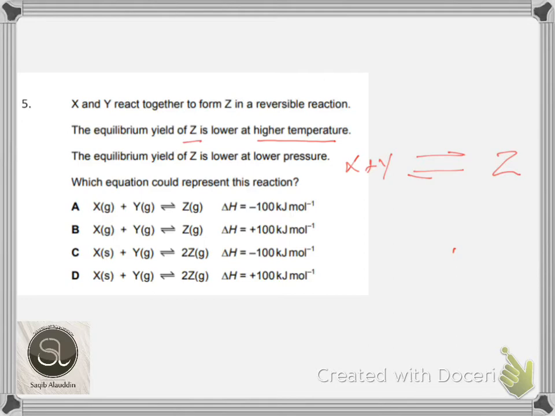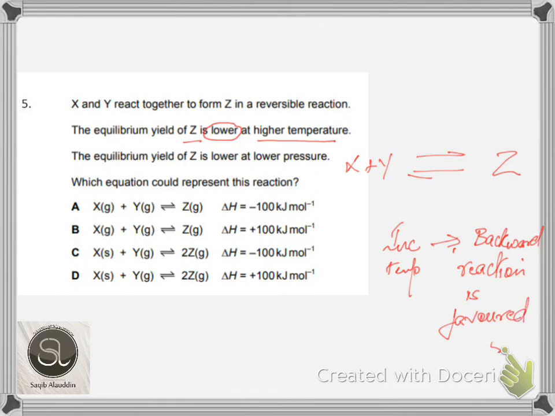Irrespective of the number of moles, if the yield of Z is lower at higher temperature, it means when you increase temperature, it shifts backward. The backward reaction is favored, because only then will the yield of Z be lower.